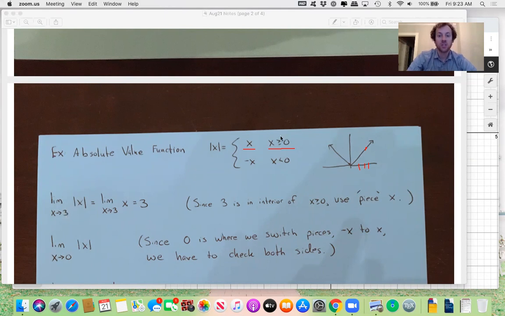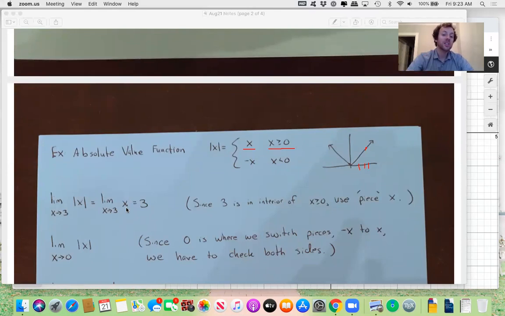Which means 3 is inside this interval. On this interval, we're always using x. Use the formula, use the piece x when we're evaluating this limit. So replace the piecewise function with the piece that's actually relevant for these x's getting close to 3.